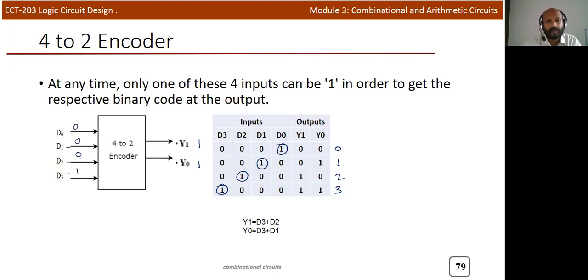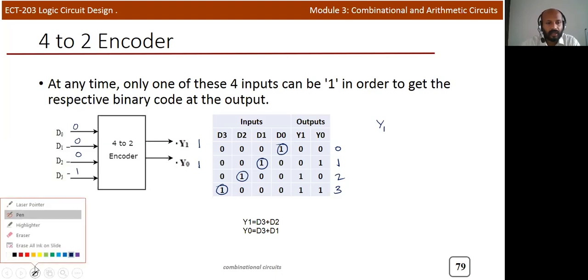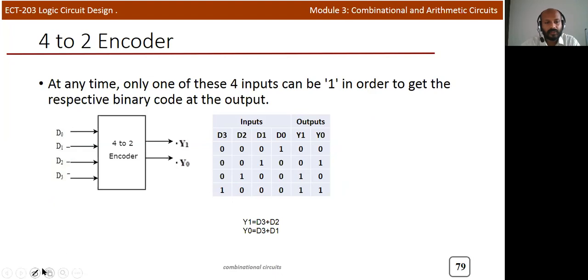So this is the working of the 4 to 2 encoder, and now we can design some logic circuit for this. For example, we need to design y1. Either you can use a K-map or directly verify the truth table for finding the logic function. Y1 is equal to 1 in 2 cases: when D2 is equal to 1 or when D3 is equal to 1.